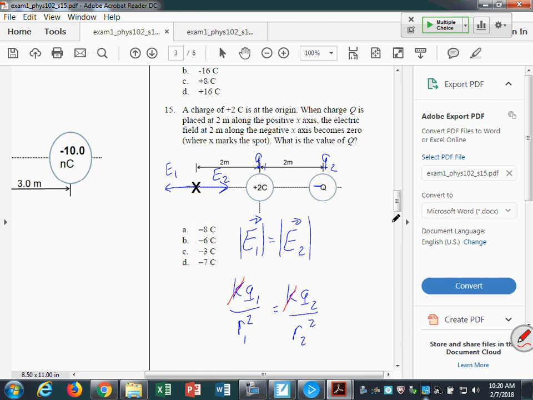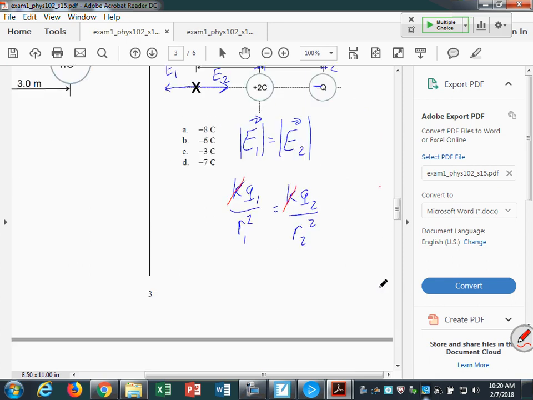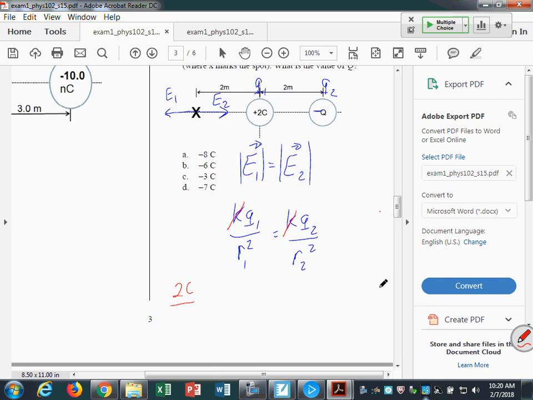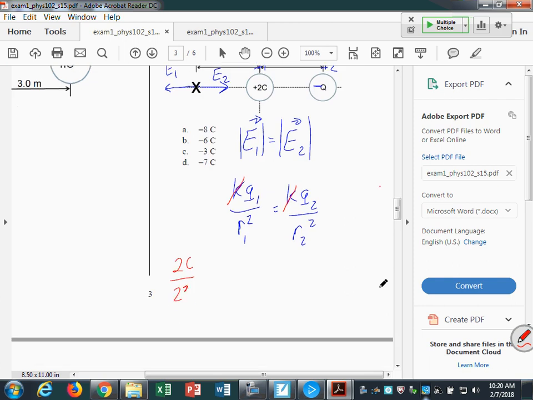I have 2 coulombs divided by R1, which is 2 squared. It has to be equal to Q divided by 4 squared. So Q is equal to negative 8 coulombs.